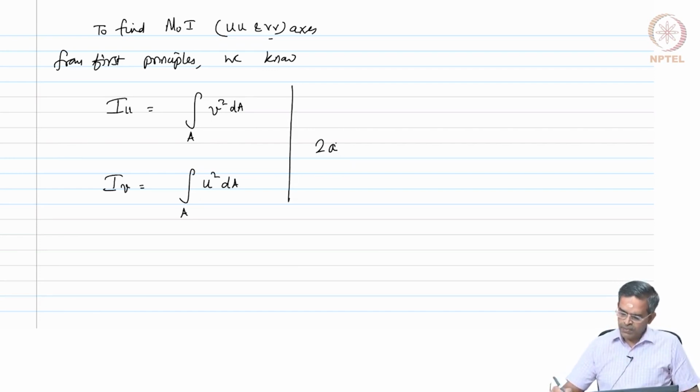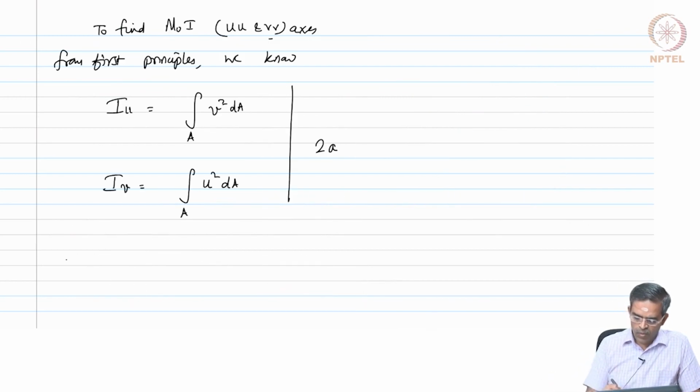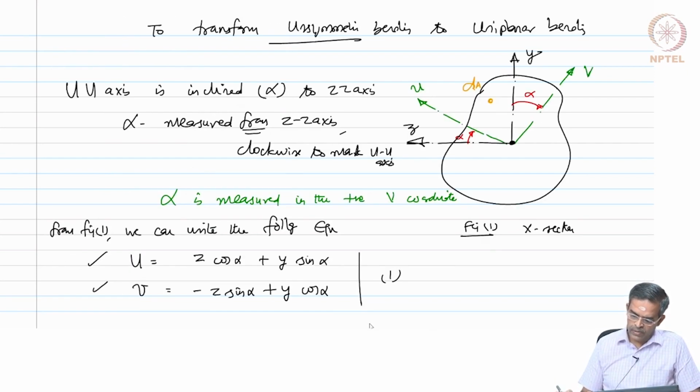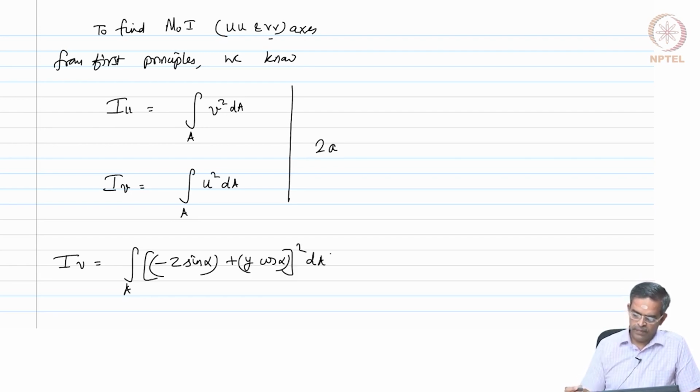Okay. Now, we have expressions for U and V. Let us substitute them here and see what happens. So, now IV becomes integral over area A, U is Z cos alpha, V is minus Z sin alpha, so minus Z sin alpha plus Y cos alpha, the whole square dA.